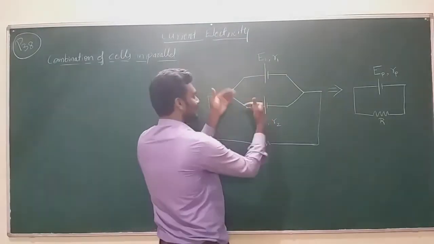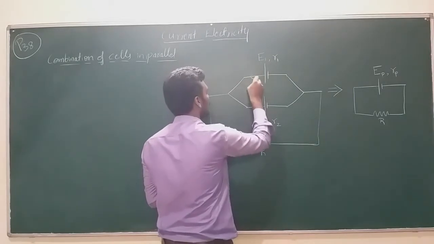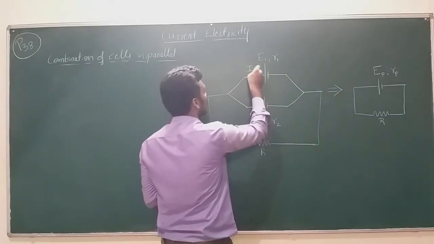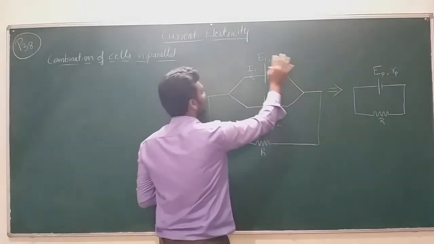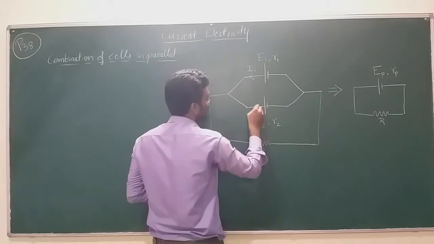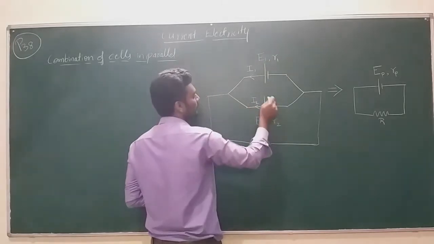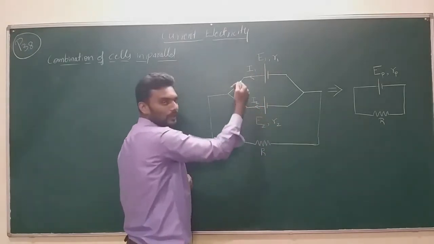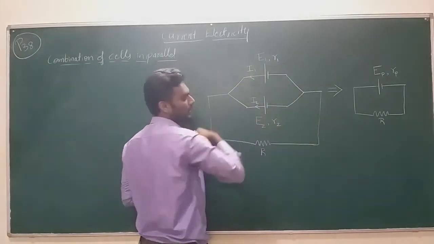Now look at this, since this is a parallel combination, there will be a certain current I1 flowing in this part of the parallel circuit, and a certain current I2 flowing in this part.